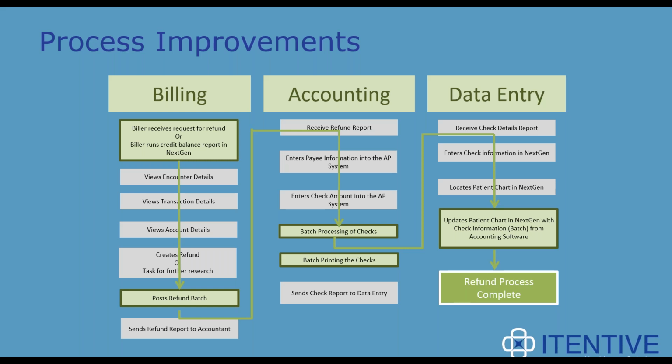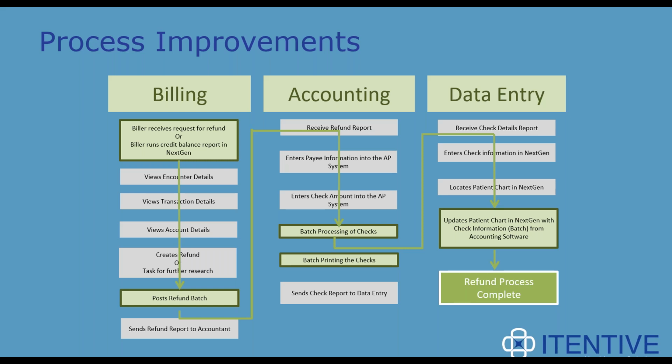In a reactive manner, a patient calls up and says, I have a credit on my account and I'd like to have a refund issued to me. In a proactive manner, we have a report that we go through every week or every 2 weeks, and we process our credits in a methodical manner.